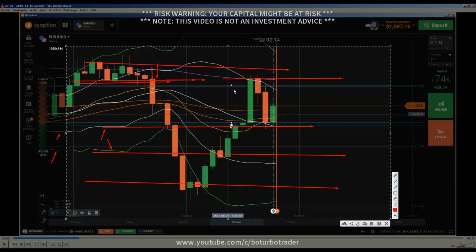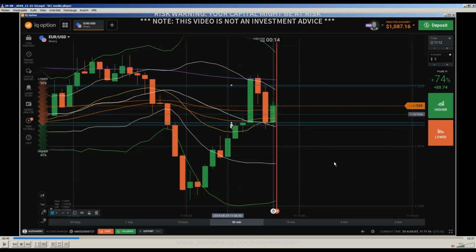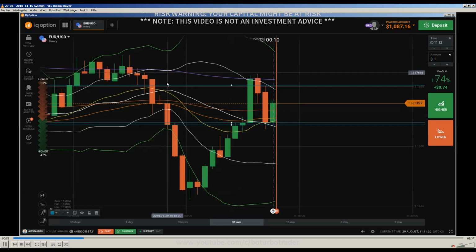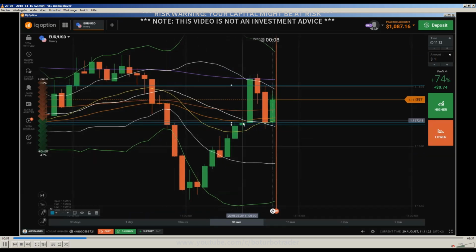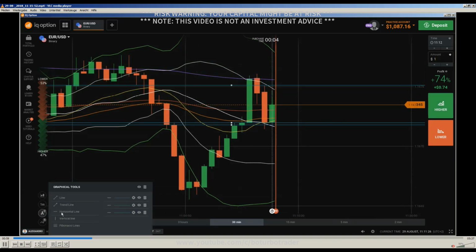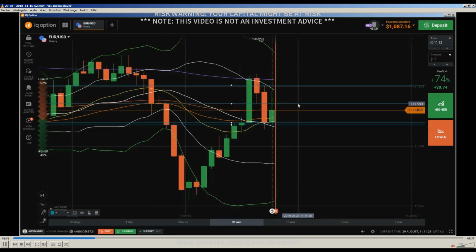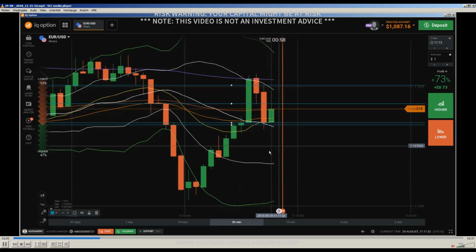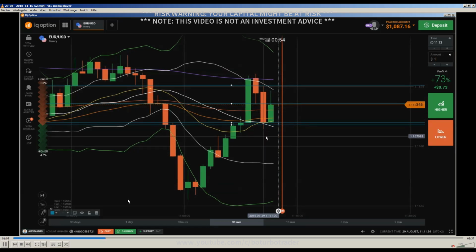That is a pullback. And as soon as I do a trade, I will stop the video to explain what's happening. And that is one really important thing here. Look at this. I thought price would go up further, but then I understood from the rejection from this level, from the lower shadow of this candle, that price will move down.